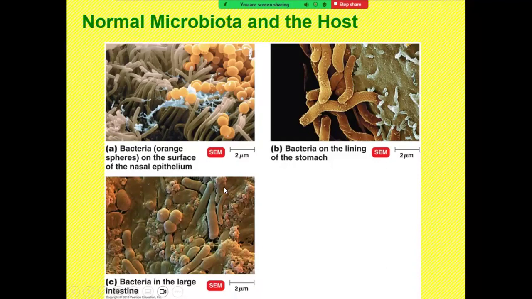Here is some bacteria in the large intestine. Right there, you can see some food being digested, and there's maybe a rod. I'm not sure what that is, actually. There's certainly a rod. These are coccobacilli. That one might even be a cocci.